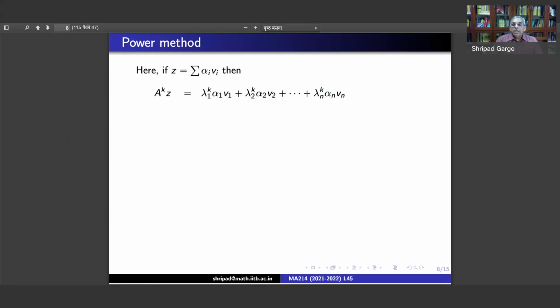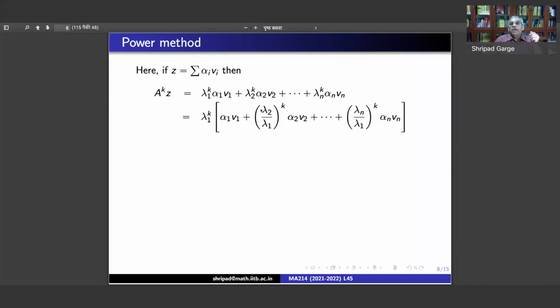Here we can take lambda 1^k out as a common factor because we have assumed that it is the dominant eigenvalue, and therefore it is definitely nonzero. So you divide by lambda 1 in each of the remaining eigenvalues. Now lambda 2 upon lambda 1 has modulus less than 1, therefore the kth power of that goes to 0 as k goes to infinity.